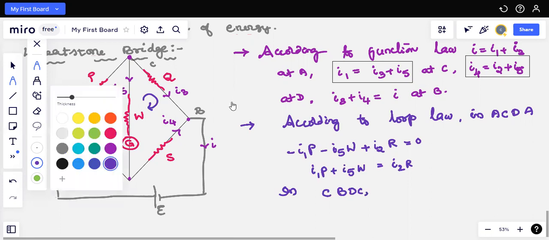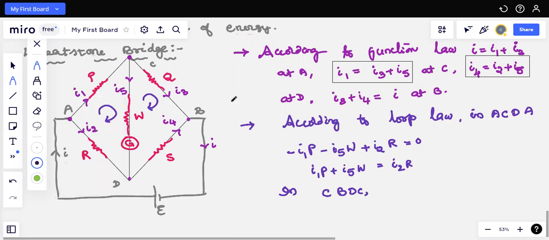I think you are already completing it. C to B, that is -I3Q. This is measuring in opposite direction, so plus I4S. And next D to C, again measuring in opposite direction of current flow.